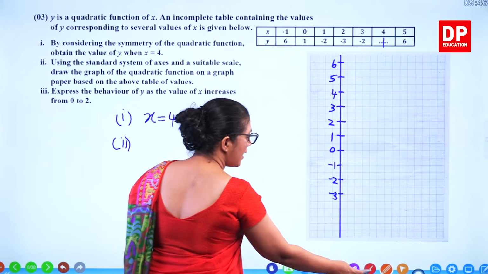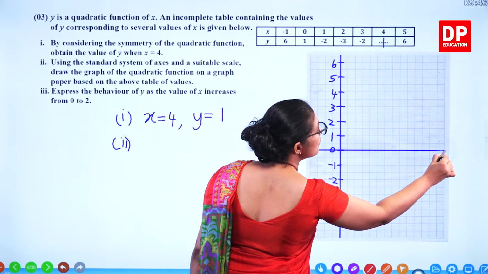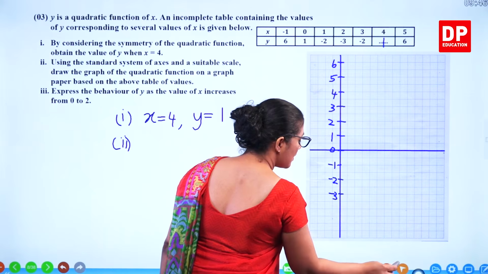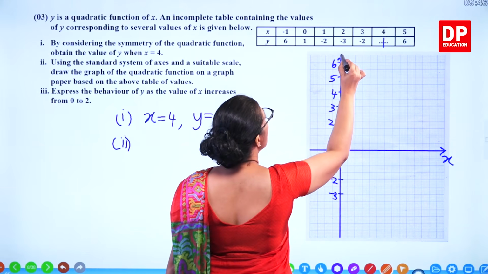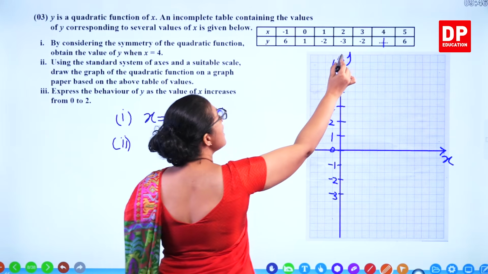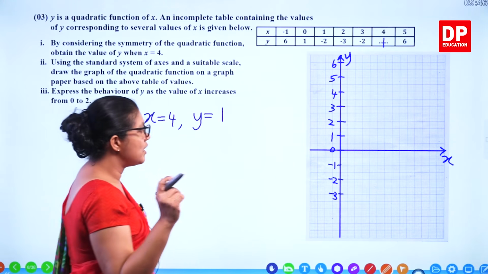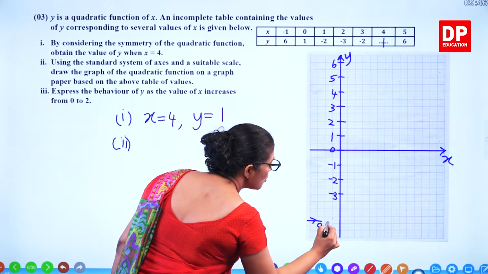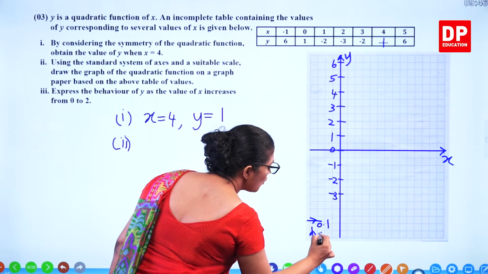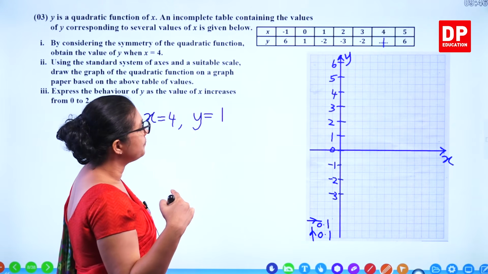And the x-axis is here. So we can label this as x and this as y. If you take the scale, 10 small squares for 1 unit, this way each small square is 0.1 as well as this way, 1/10, so 0.1.